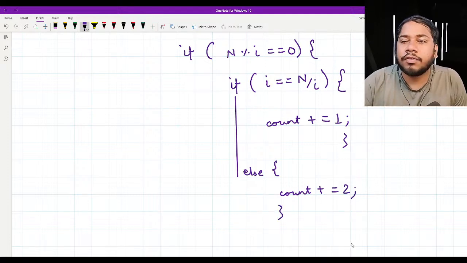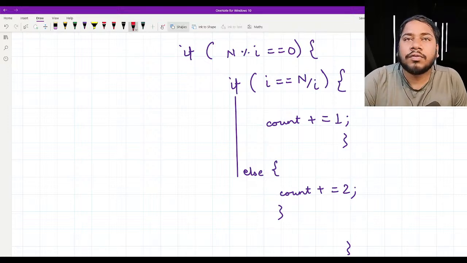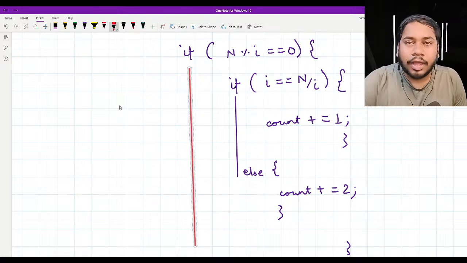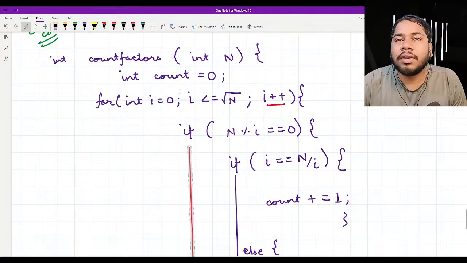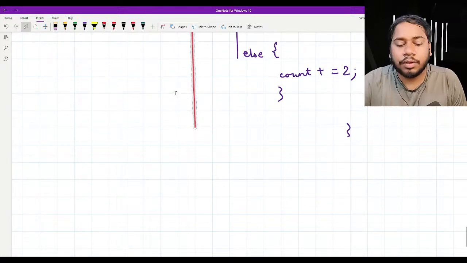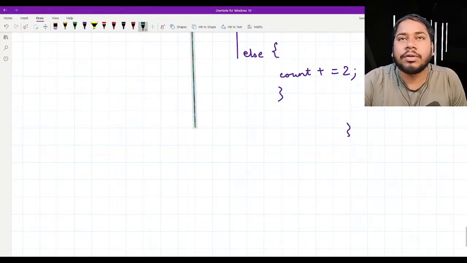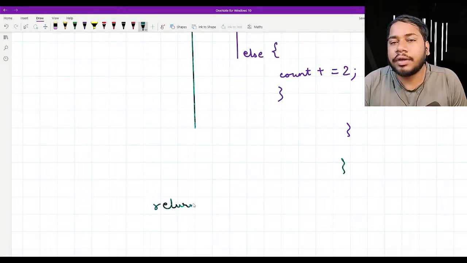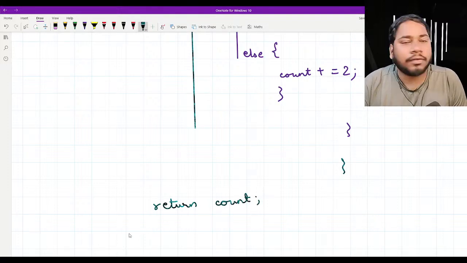Understood? So we have this. Everyone got this? And at the last, after the for loop, we will return that count. So here the for loop is ending, we'll return the count. So done.